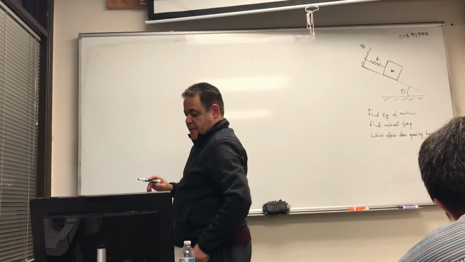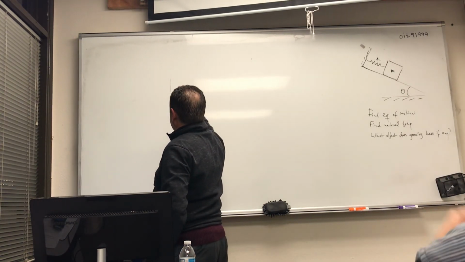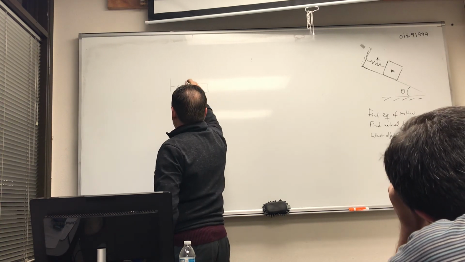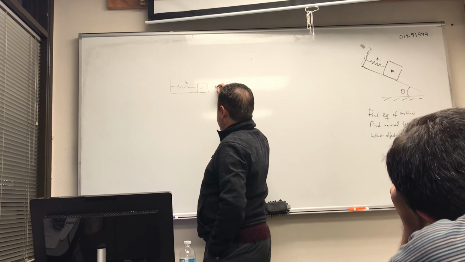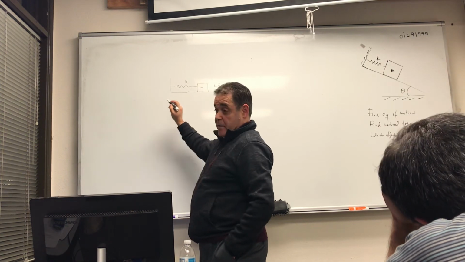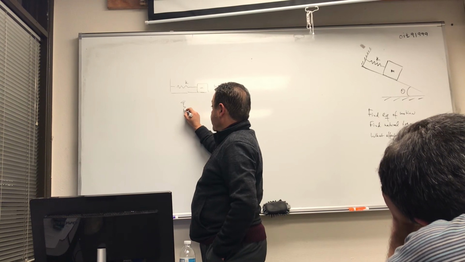Remember, this is just an idea from before. We talked initially about this, right? K and M, that's how we started with this whole thing. And we came up with that equation, m x double dot plus kx equals 0. And then if you recall, we also looked at what if the spring was hanging?